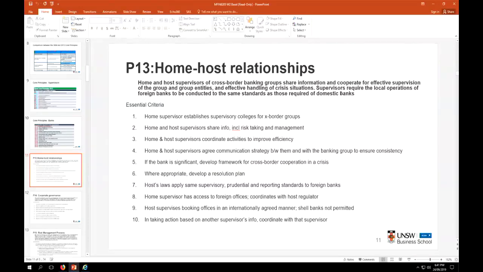So what are supervisory colleges? So imagine if you've got a bank like Citibank. Citibank operates in 50 countries, 60 countries, and its headquarters is in the US. So therefore its home regulator is, say, OCC, the Office of the Comptroller of the Currency. How does OCC get a full view of their activities? So the supervisory college is about the home regulator organizing a get-together of all the key regulators from around the world that supervise a particular bank.